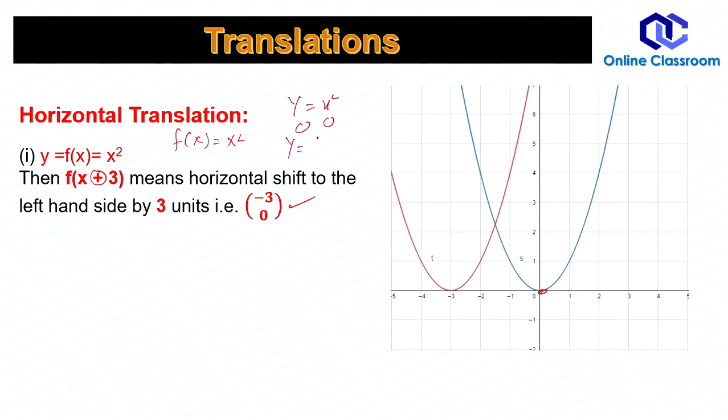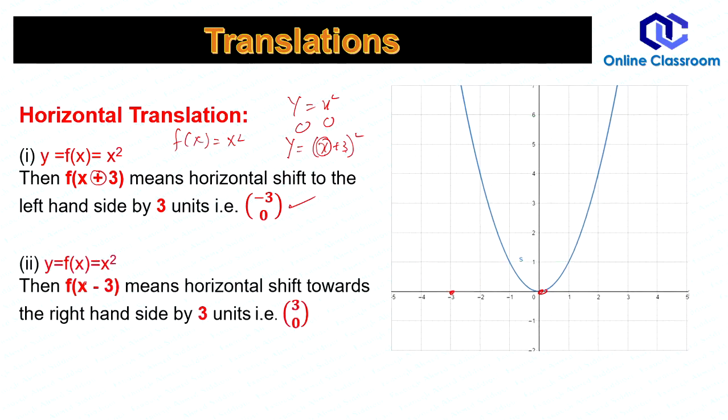But if I am now changing x by 3, this shows at what value of x, y is 0, obviously minus 3. Minus 3 plus 3, you're getting 0. It means if you're writing plus 3, the actual function is to be shifted towards left, and the vector is (minus 3, 0). Note down this property, please, about the horizontal translation.